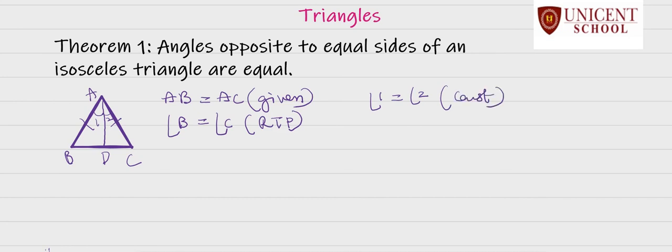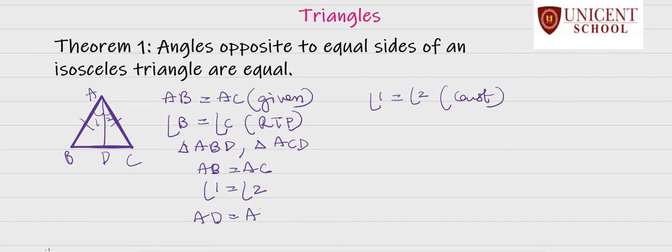Now we will compare triangle ABD and triangle ACD. In these two triangles, AB is equal to AC. This is given, and angle 1 equals angle 2. This is based on construction, and AD is a common side for both.